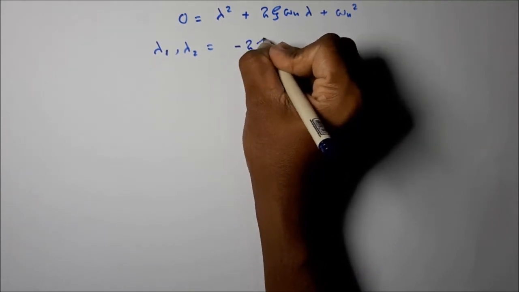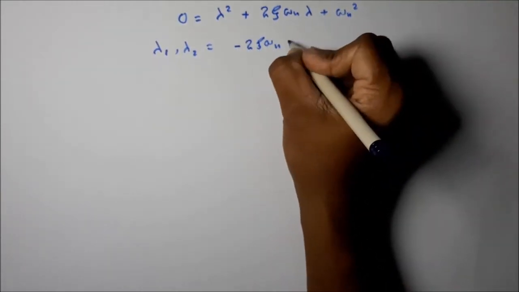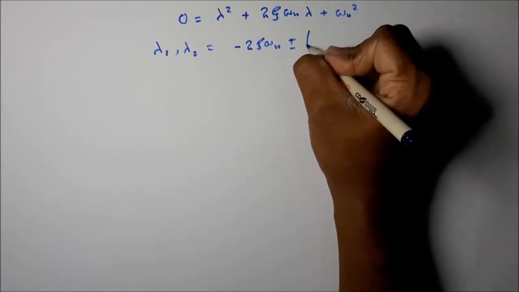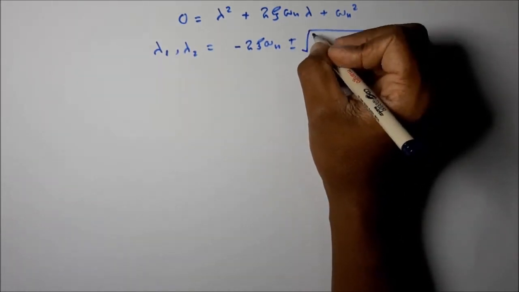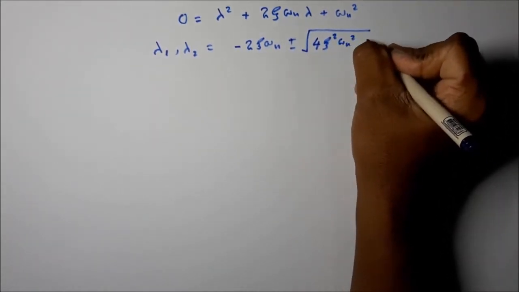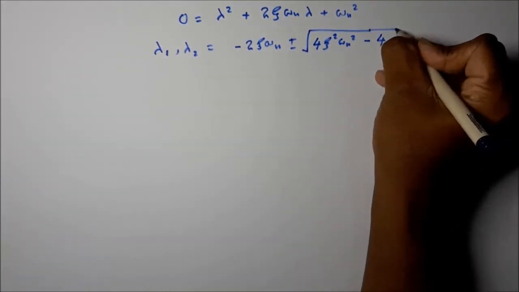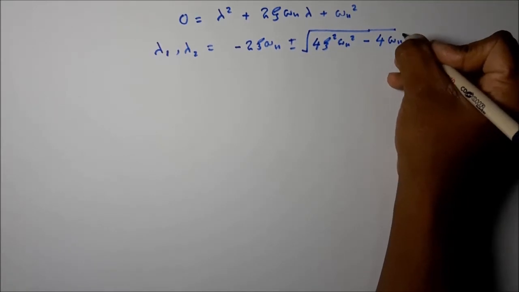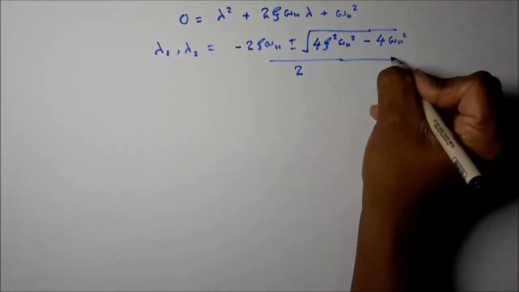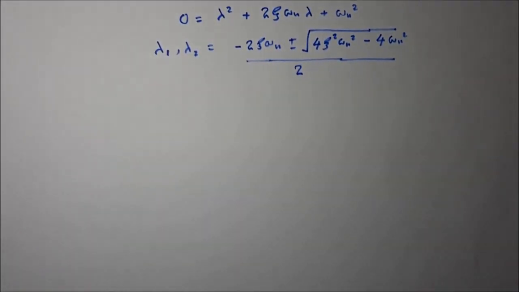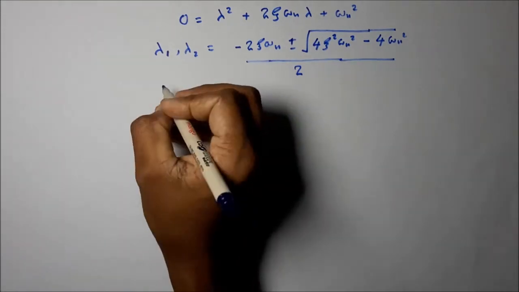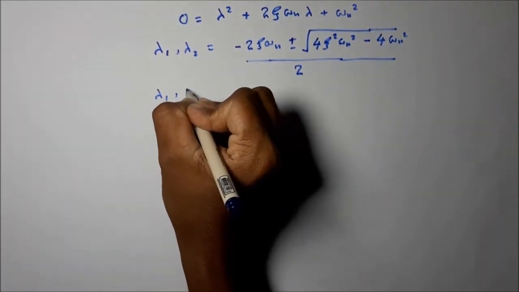Minus b, 2 zeta omega n, plus or minus square root of b square, 4 zeta square omega n square, minus 4ac, 4 omega n square, divided by 2a, that means 2.